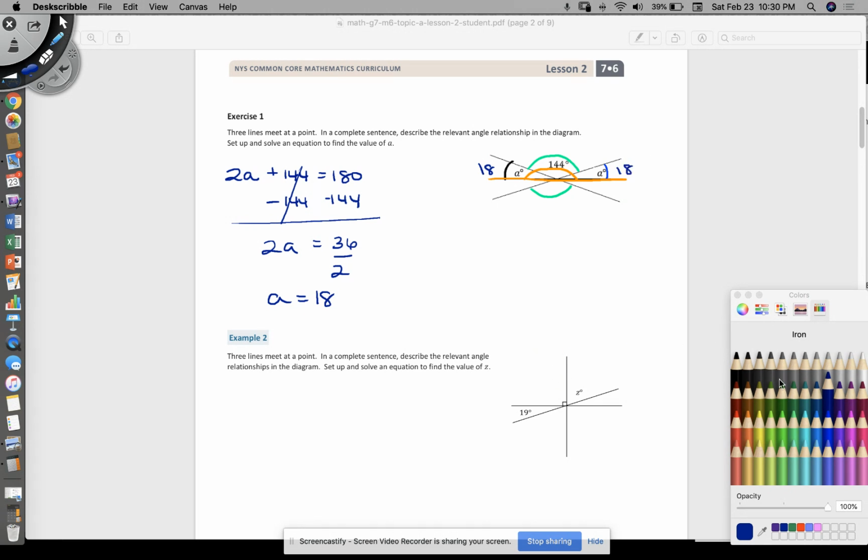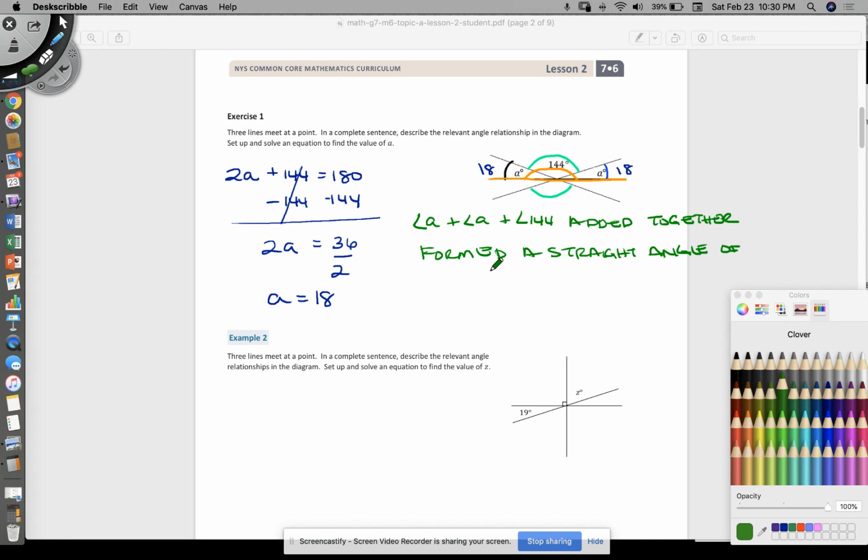So in a sentence, we would say that angle A plus angle A plus angle 144 added together formed a straight angle of 180 degrees.